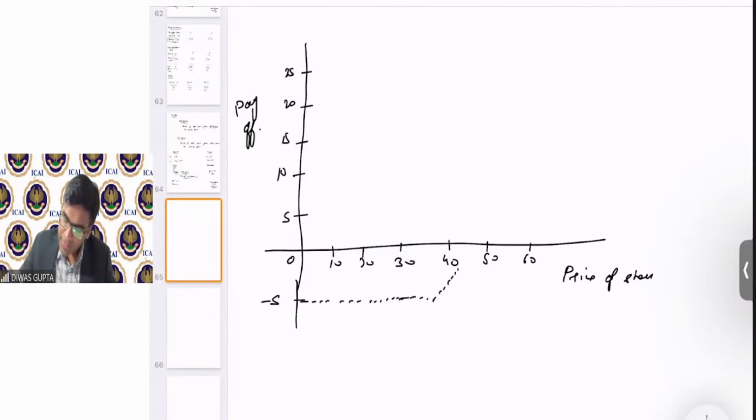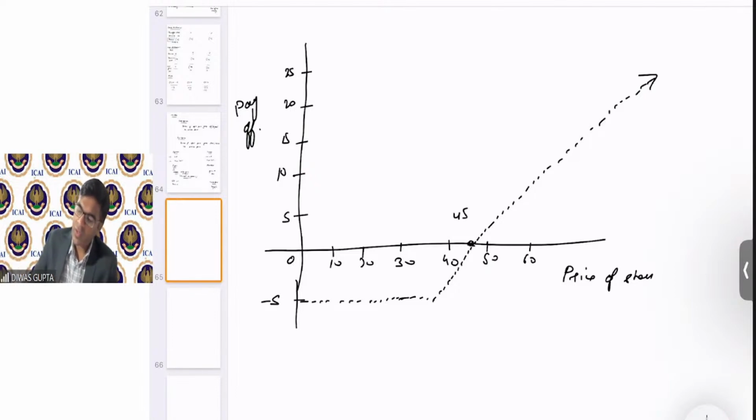Then once the price goes higher, the payoffs will also become higher. And here it will touch 0 at 45. Why? Because 40 was the strike price. So if the spot price goes to 45, then a net 5 rupees gain will come to the call buyer.